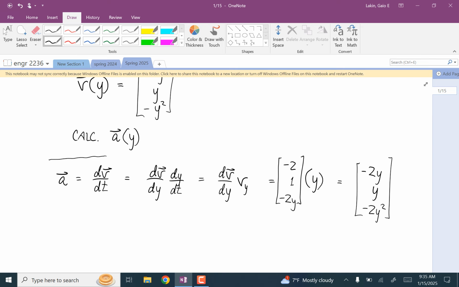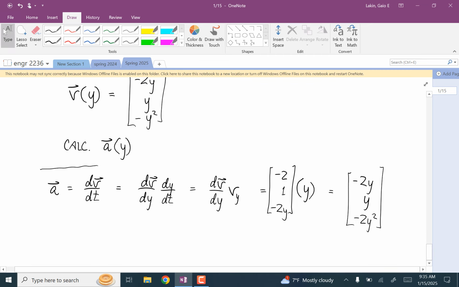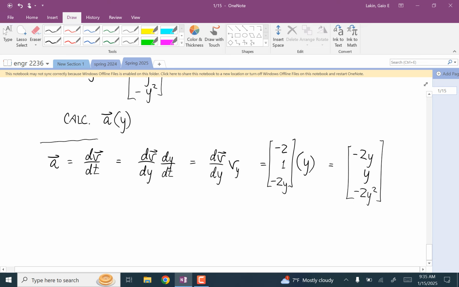Yes? Can I ask why Vy is equal to y? Okay, because the definition of the velocity vector is the derivative of the position with respect to time. That is the derivative with respect to time of the position vector x, y, z.